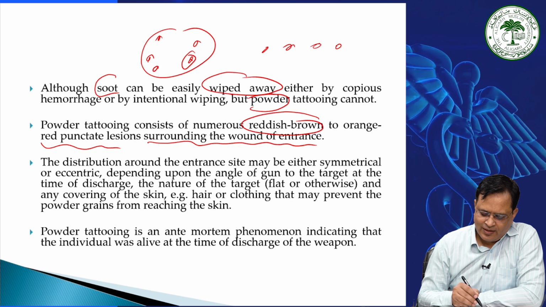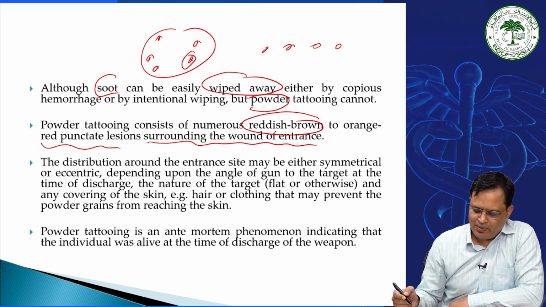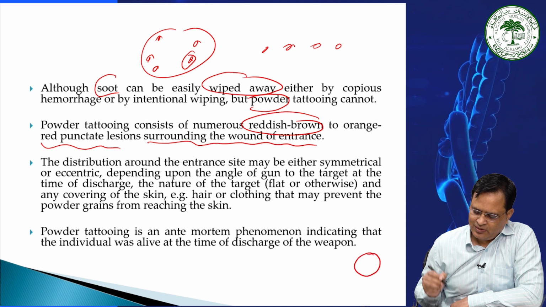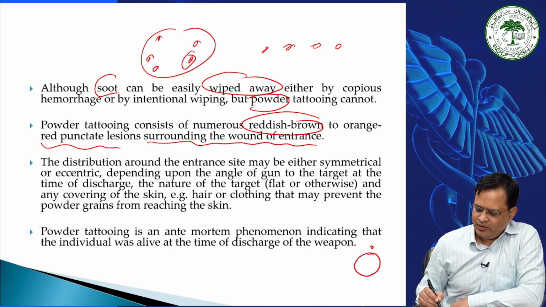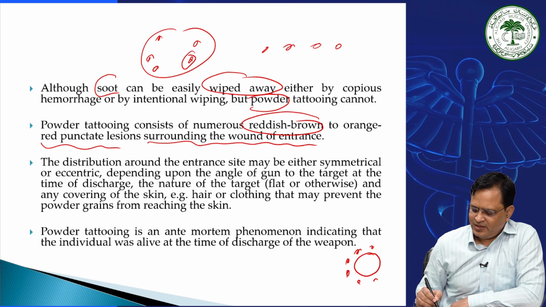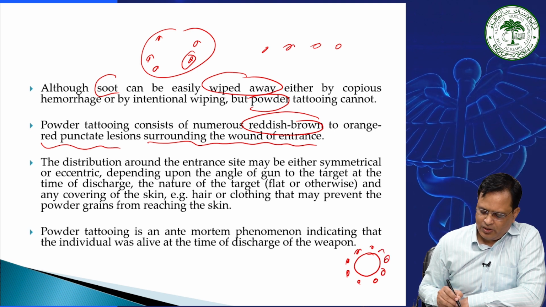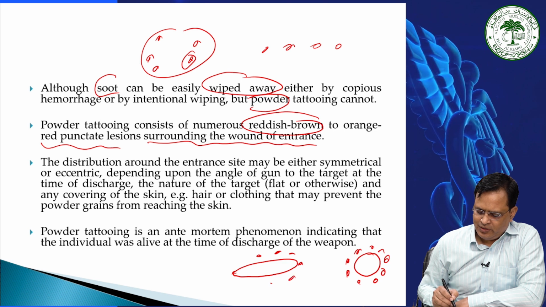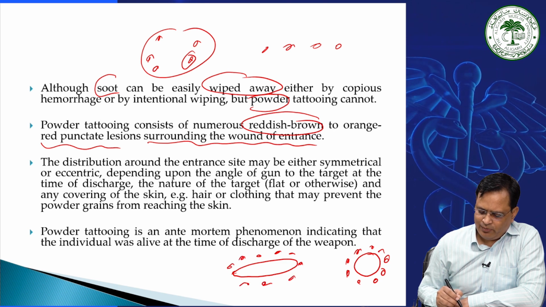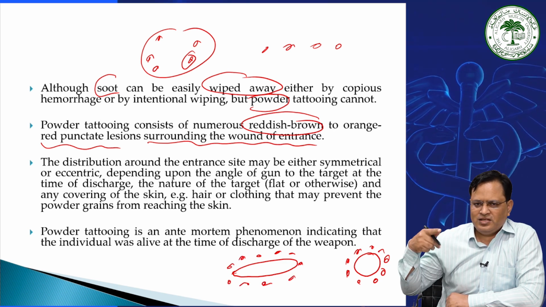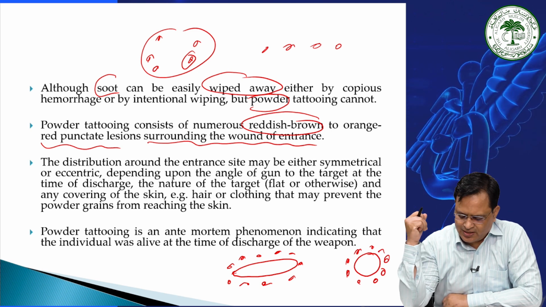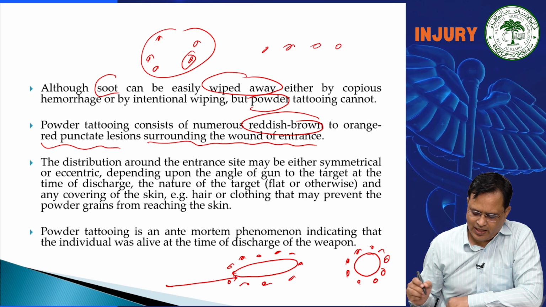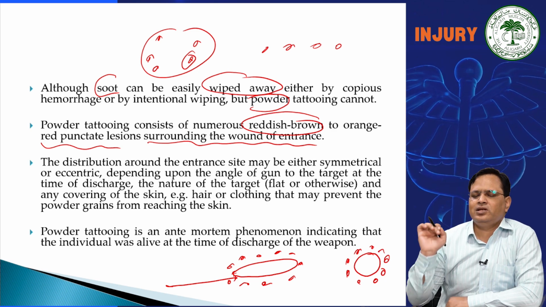The distribution around the entry site may be either symmetrical or eccentric. Suppose it is a wound; the powder can be deposited like this, or it can be deposited like this, depending upon the angle at which the firearm was fired. If it is at 90 degrees, or something tangential, then we get one pattern. If it is somewhat acute or at other angles, then we get this shape.